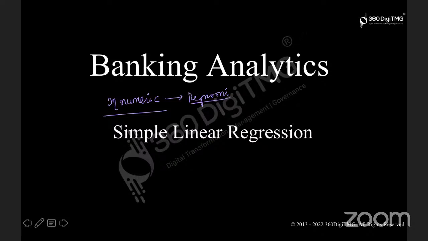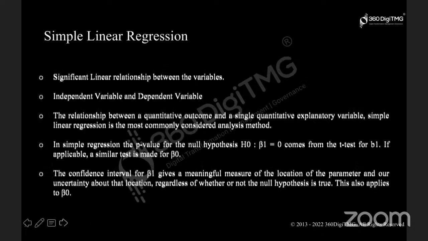So what is linear regression? What is regression? When y is known to you and y happens to be numeric in form, you have to apply linear regression. There is a concept called the dependent variable and the independent variable. The point here is you are trying to find out the relationship between these two.